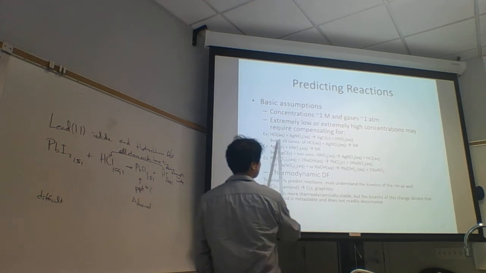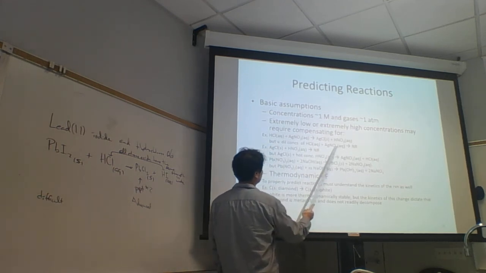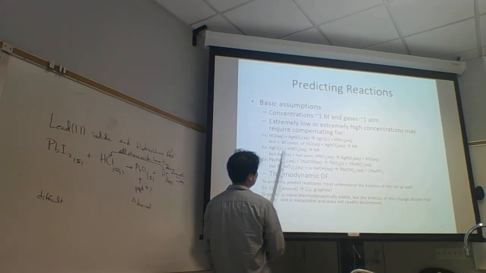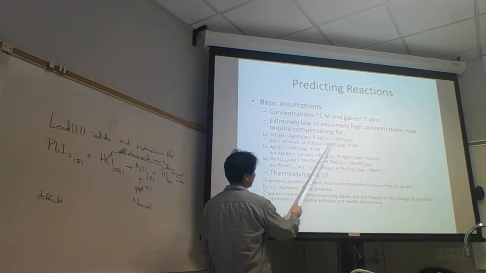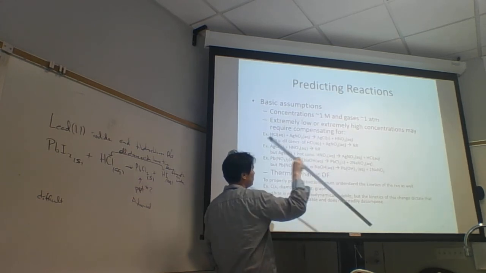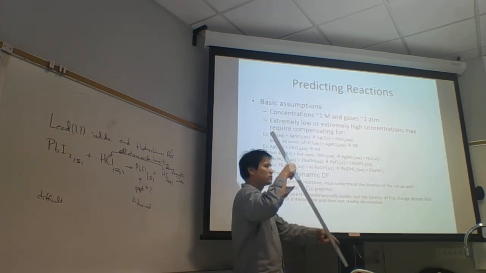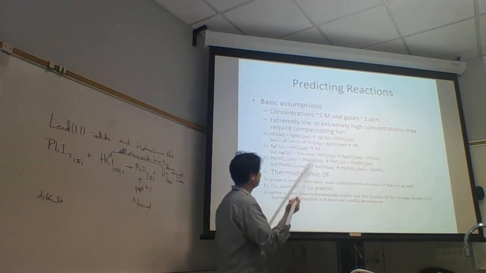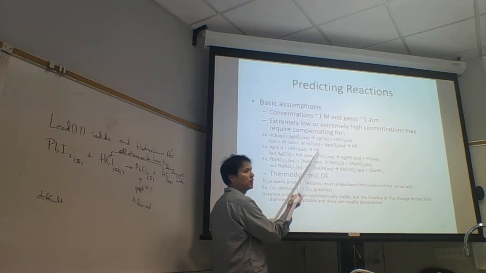So we expect a reaction to occur here. But here, silver chloride and HNO3, that's a reverse reaction. Silver chloride and HNO3 is going backwards. So if it's downhill going forwards, then going backwards should be uphill. And so going backwards should be difficult, and therefore going backwards we expect NR.